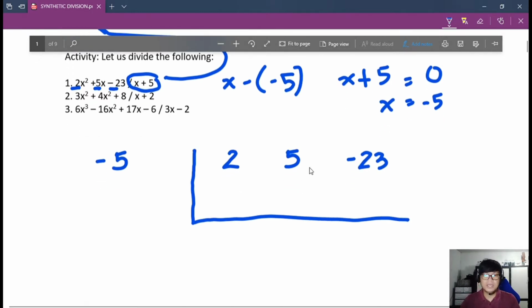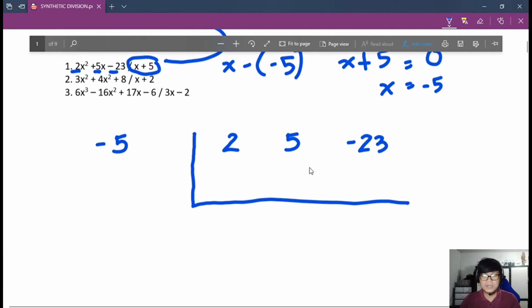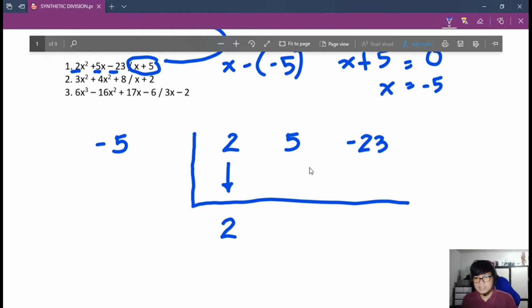So ito na magiging itsura first. Ito yung mga itsura ng synthetic division. Una, bring down the first coefficient, which is 2. Next one is you are going to multiply 2 with the divisor, which is negative 5. So 2 times negative 5 is negative 10.